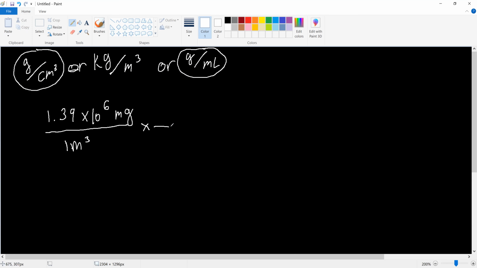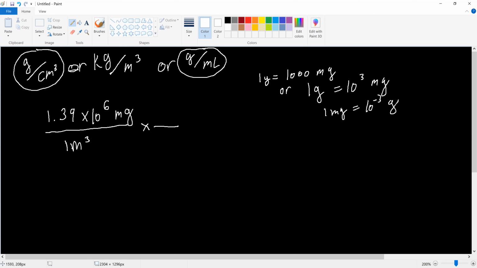So what I want to do first is turn the numerator into just grams. We know that 1 gram is equal to 1,000 milligrams, or 1 gram is equal to 10 to the 3rd milligrams. We can also say we have 1 milligram for every 10 to the negative 3 grams.